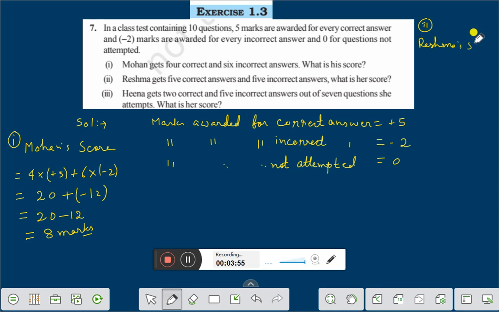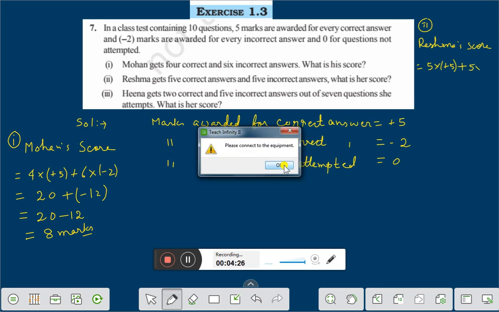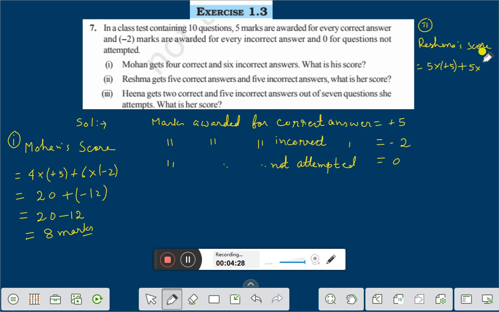Resma's score is 5 correct answers, that is 5 into plus 5, plus 5 incorrect answers, that is 5 into minus 2.